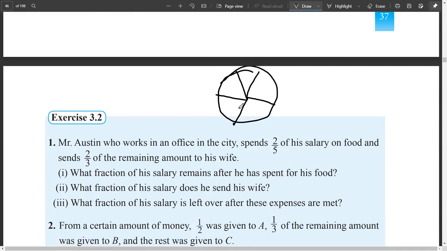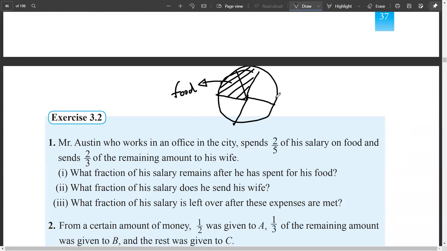Now they are saying that he spent 2 over 5 of his salary on food, so this fraction is for food, and sends 2 over 3 of the remaining amount to his wife.